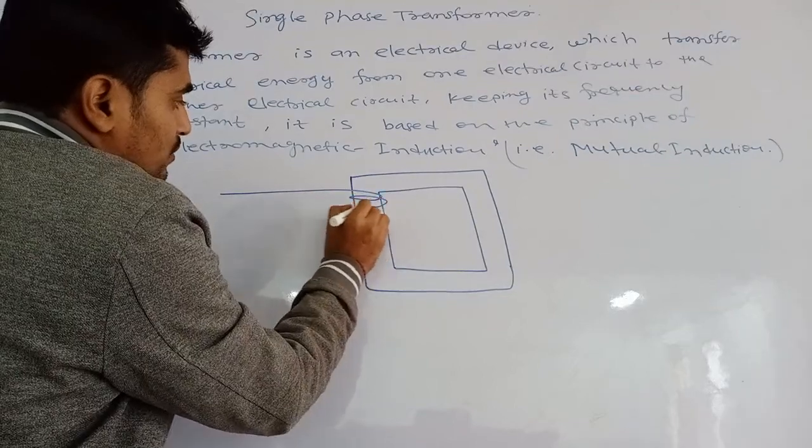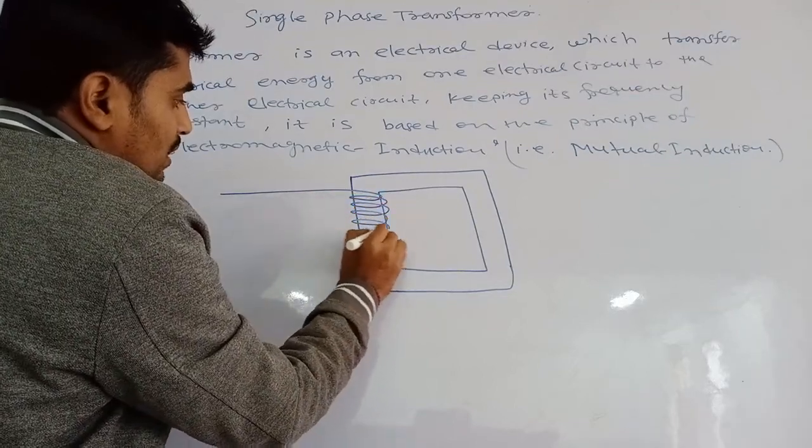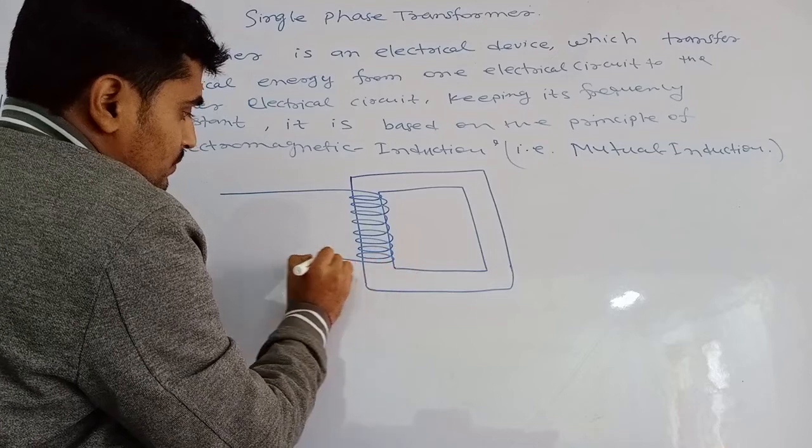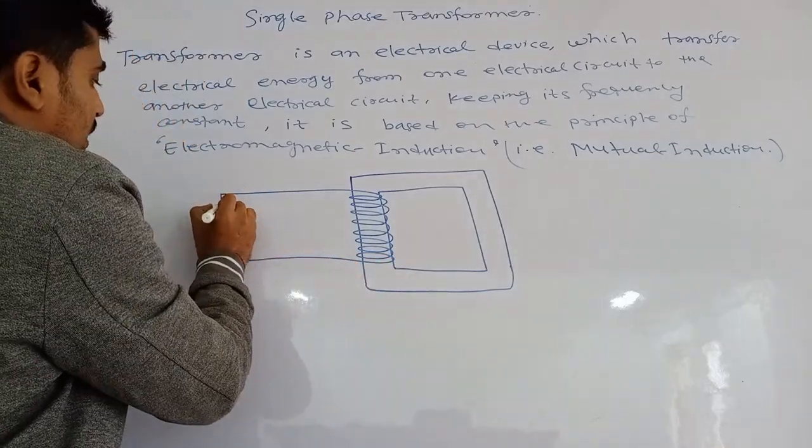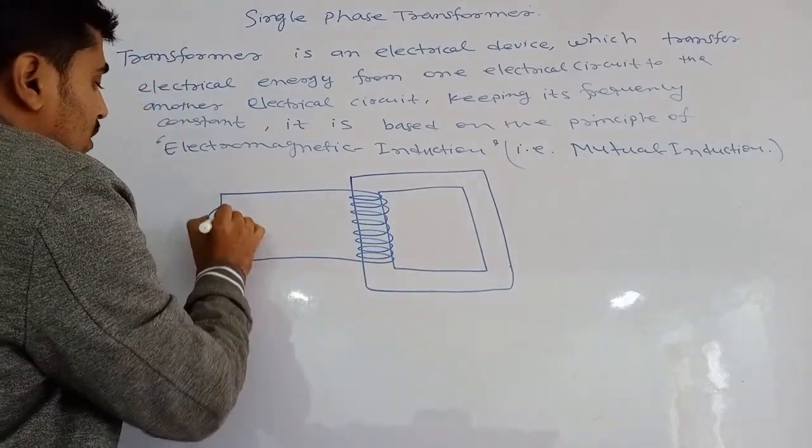This copper wire is known as the primary winding. This is the primary winding where we give the AC supply.